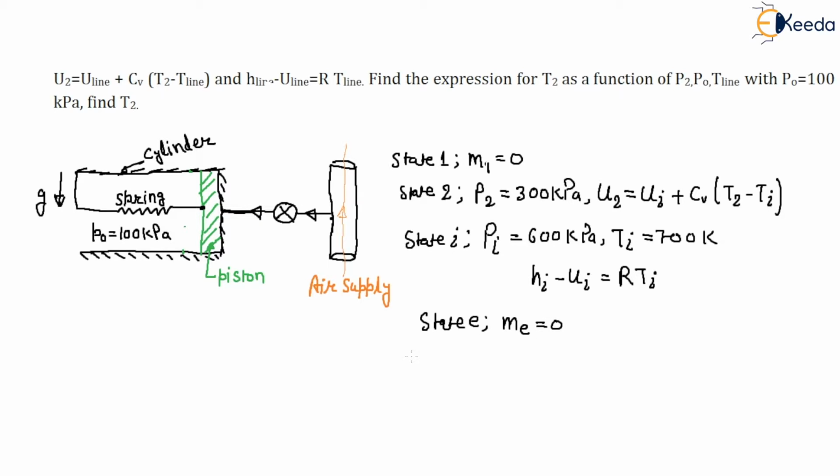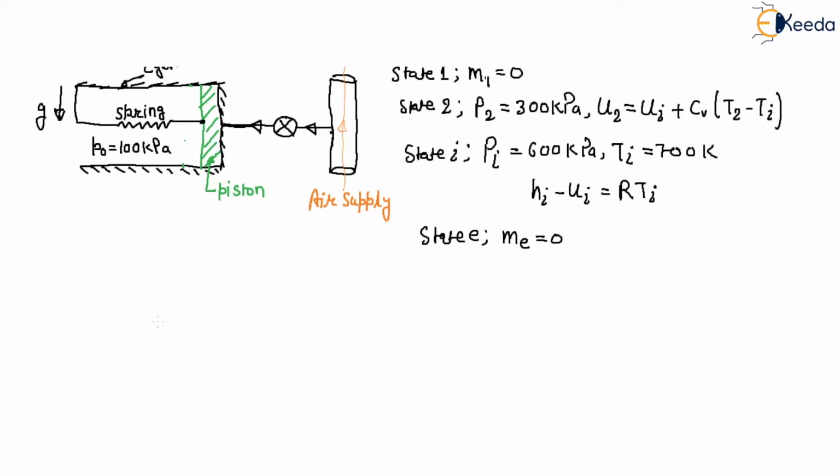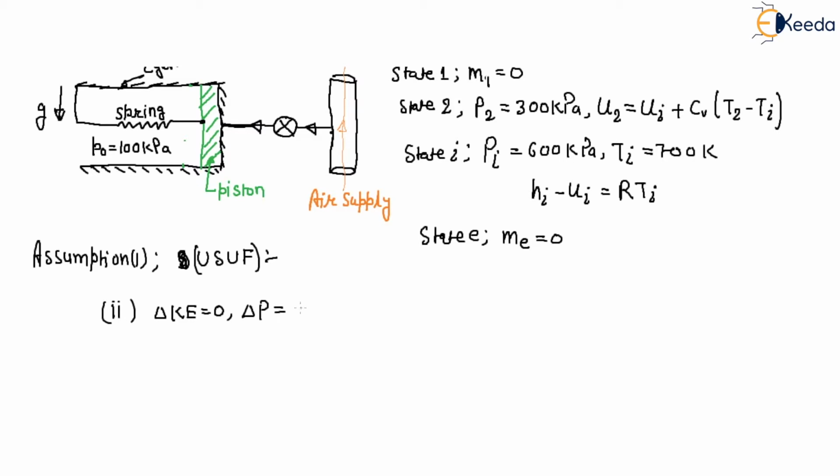Now the assumptions. Assumption number one: uniform state, uniform flow process. Assumption number two: the piston cylinder is stationary, that means the change in kinetic energy and change in potential energy of the system is 0.